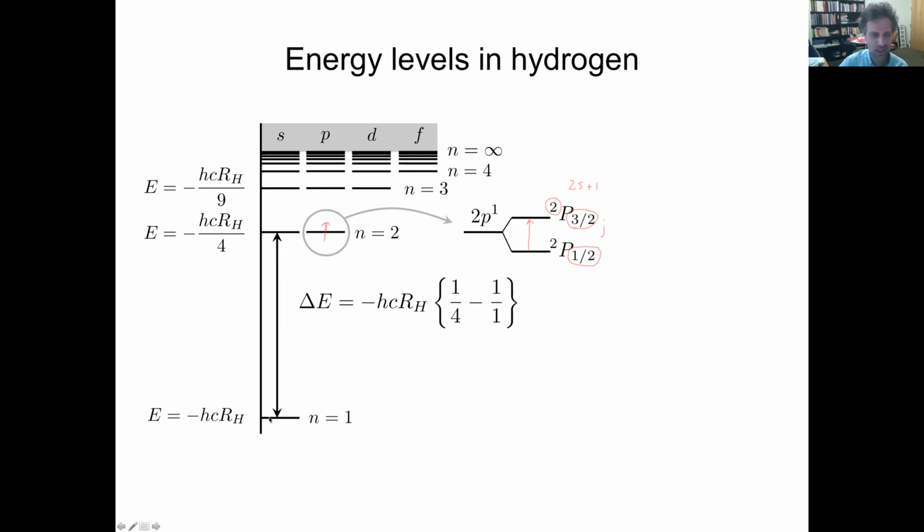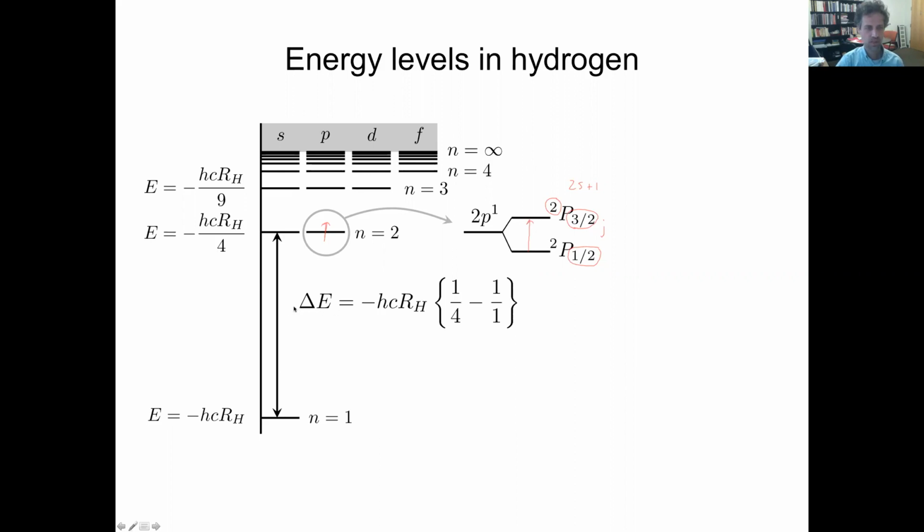So this transition here of an electron from the ground state to the n equals 2 state, that is something we're going to compute first to get a number and then compare this splitting energy to it. The outcome is that this splitting energy due to spin-orbit coupling in hydrogen is very tiny compared to the transition energy from the electron in the ground state to the n equals 2 state. So these two numbers we're going to compare to one another.